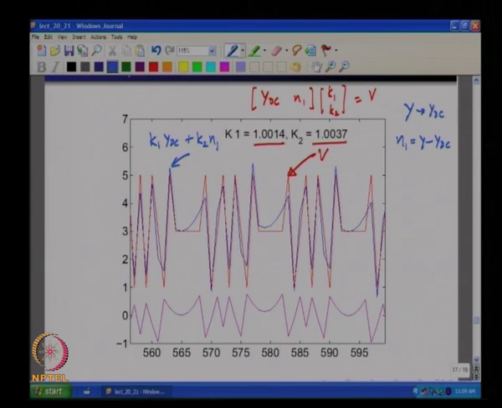Clearly there is some error and this is the error. I went and computed the mean square value of E. What do you think the mean square value of E is?